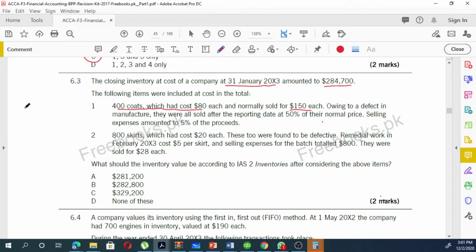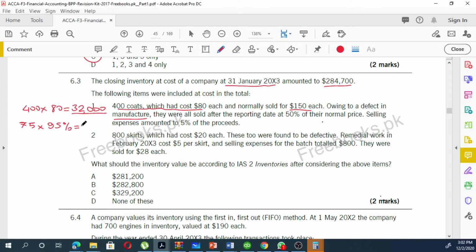What happens here? So we have 400 at $80, it means $32,000. Actually, we have the original cost of these items. Because of the defect in manufacture, we are able to sell at 50% less. So it means that we will sell at $75, half of this $150, and we also have 5% selling expenses, so maybe 95% of the proceeds.